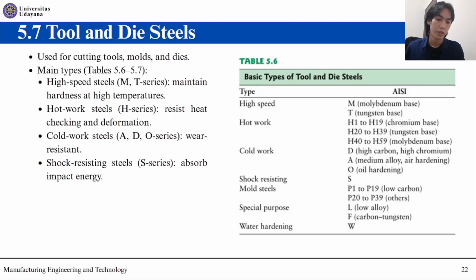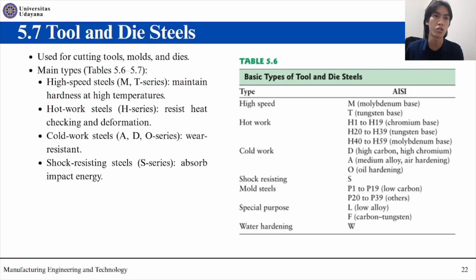Okay. Next slide is tool and die steel. Tool and die steels are used in manufacturing cutting tools, dies, and molds. The main types include high-speed steel, M and T series, hot work steel, H series, and cold work steels, A, D, and O series.